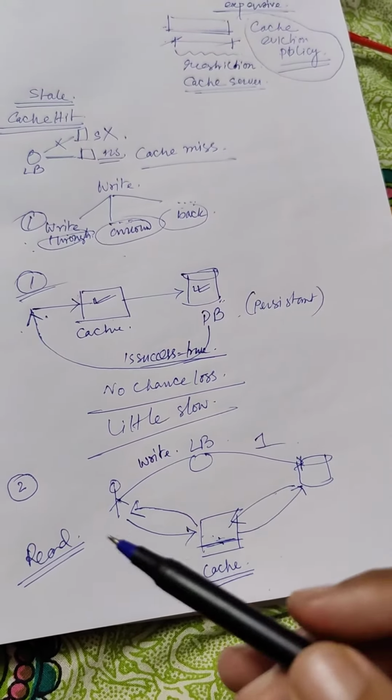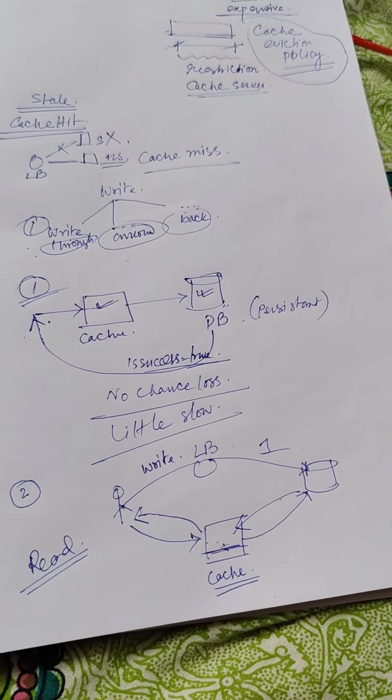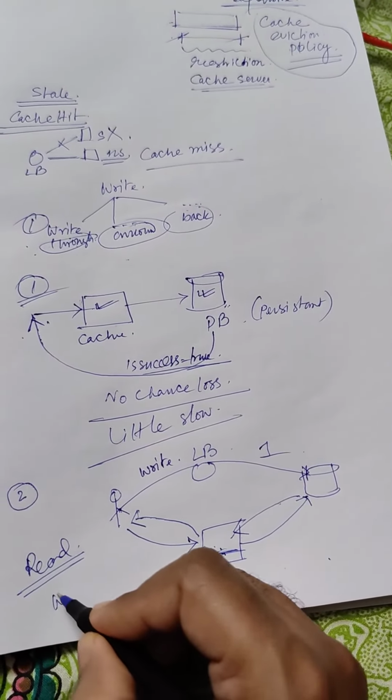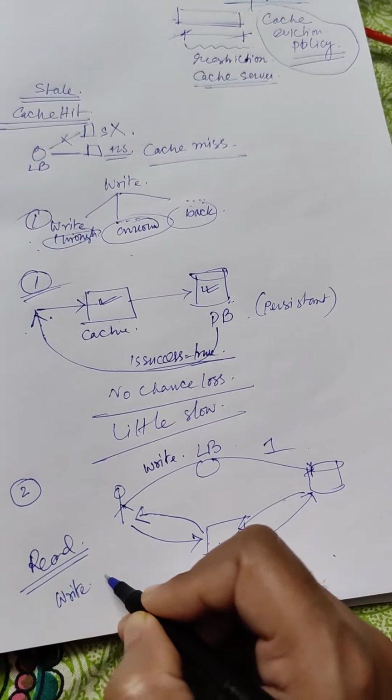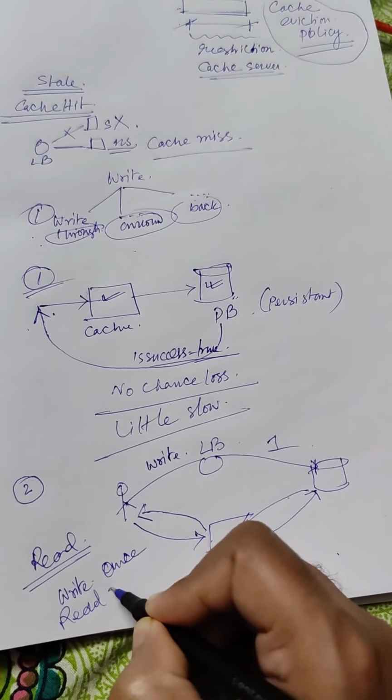So now the question comes, when is this type of approach going to be very healthy? As this model suggests, it is suitable when you are doing write once and read many times.